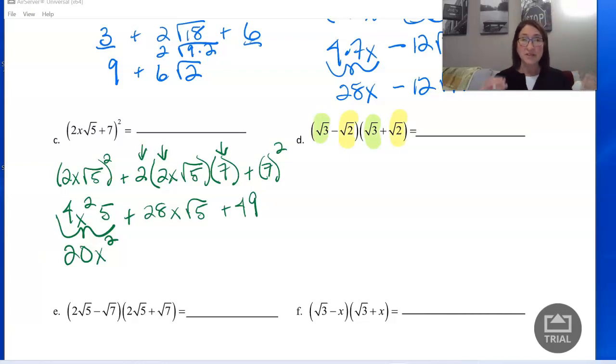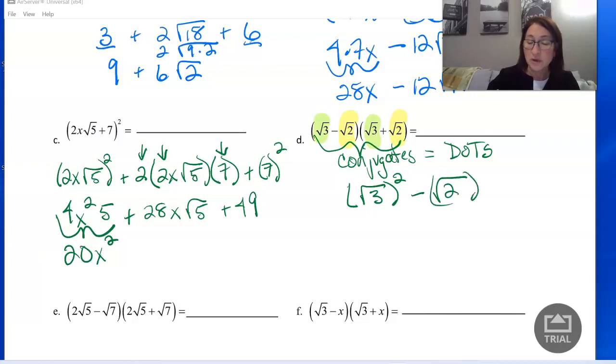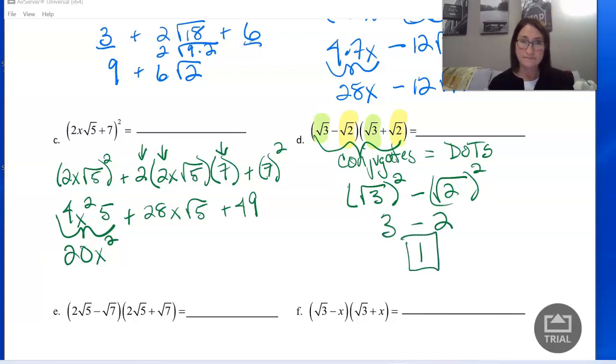Then also notice that one is subtraction, one is addition. So these are conjugates. And conjugates are going to give you the difference of 2 squares. So this is going to be square root of 3 squared minus square root of 2 squared. Or 3 minus 2, which is 1. Love it.